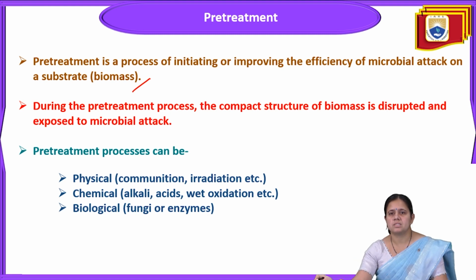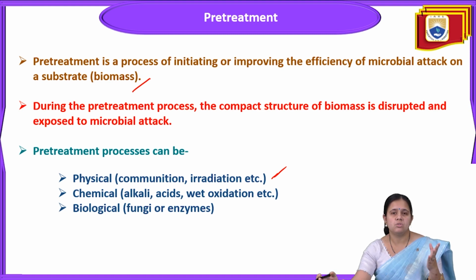For this pre-treatment, basically three processes are involved: first the physical process, then the chemical process, and the biological process. The physical process involves irradiation of the residue substrate. That radiation will break down the cellulose of the cell wall.